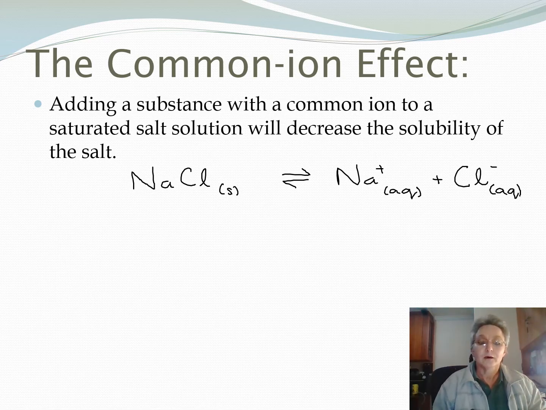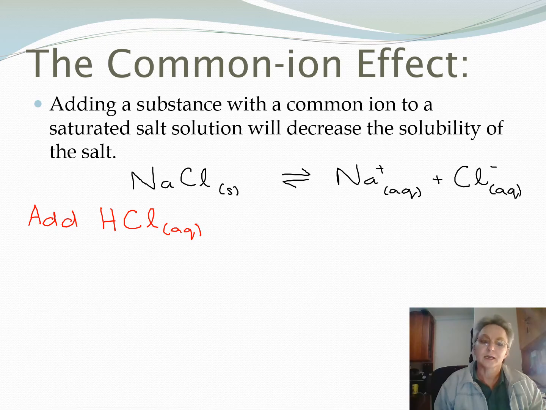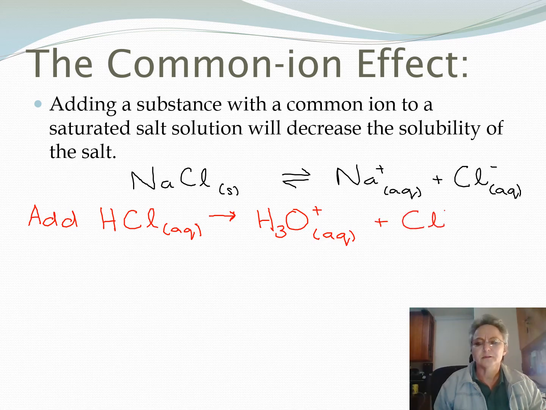Now, if I've got my sodium chloride solution, saturated solution, and I add some hydrochloric acid solution, what am I actually adding to this solution? Hydrochloric acid solution's got oxonium ions, or hydrogen ions if you want to leave the water part out, and chloride ions.